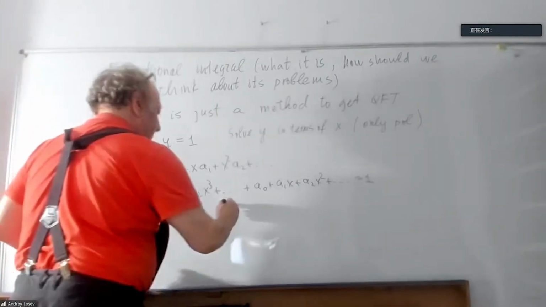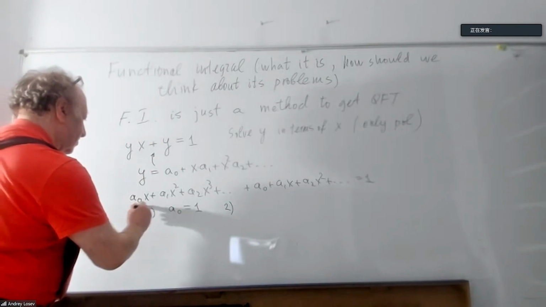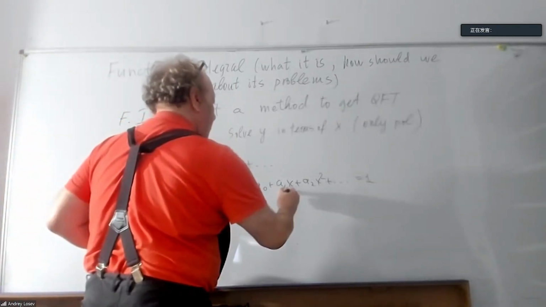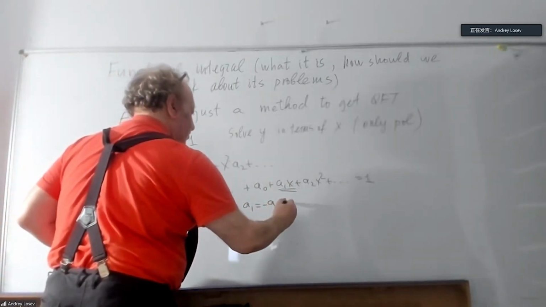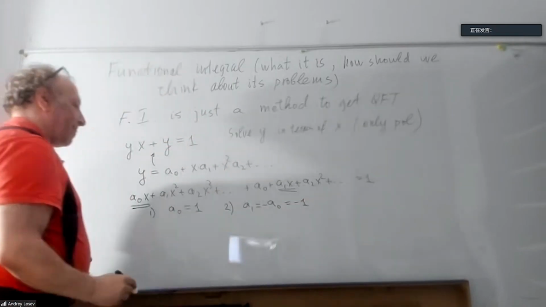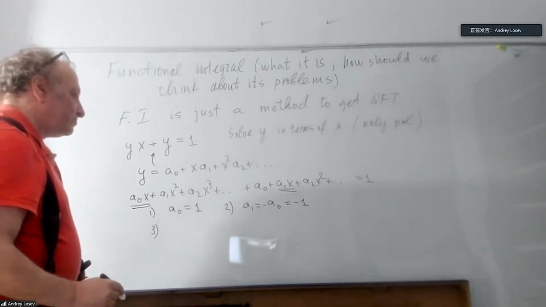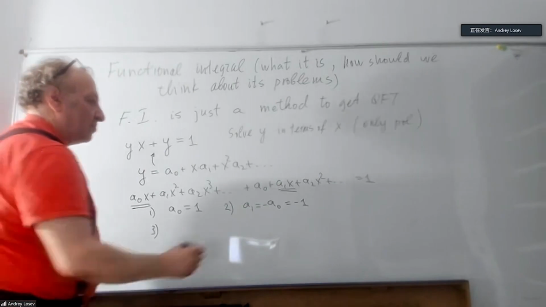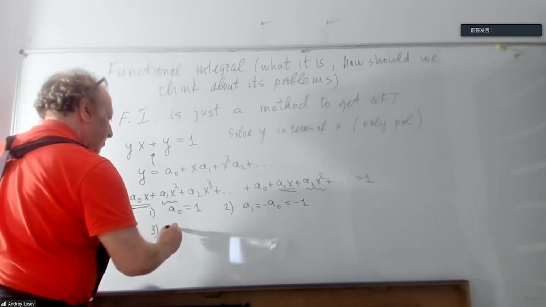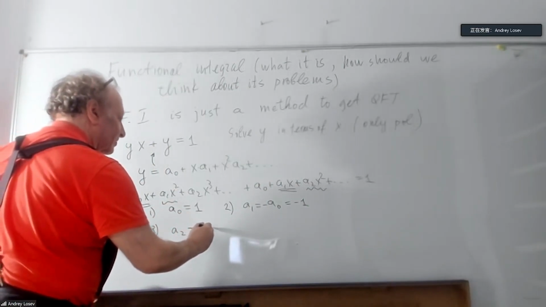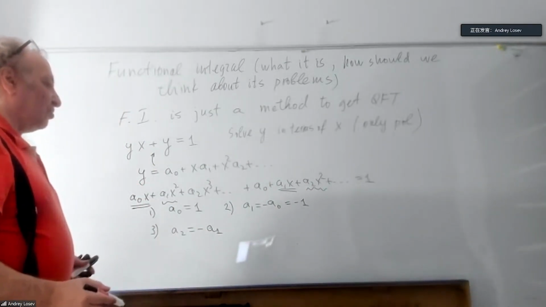Well, second thing, what about a1? A1 is minus a0, so it is minus 1. Now, what about a2? A2 is minus a1, and so on.